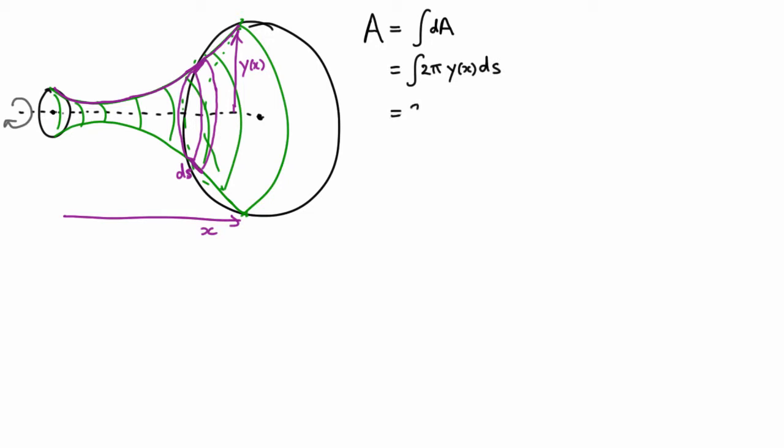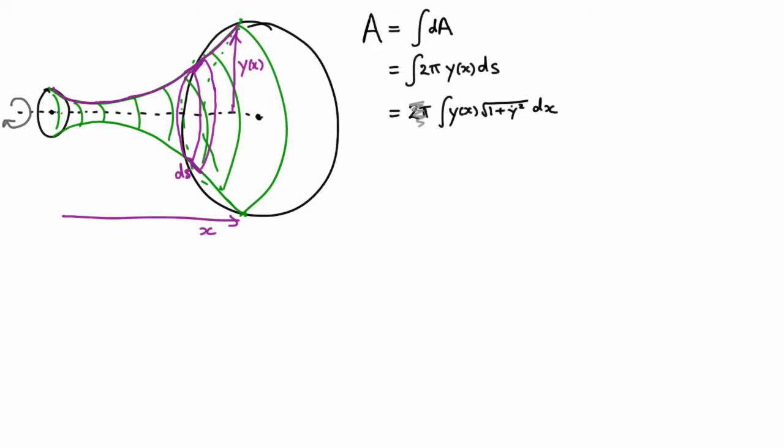We can take the 2 pi out of the integral. That ds, as we've shown several times before, is just the square root of 1 plus y dot squared, dx. And suddenly we have the area in terms of y and y dot. And so all we have to do is minimize this. And of course, minimizing this whole thing is the same as minimizing it without the 2 pi, so we don't have to worry about that.